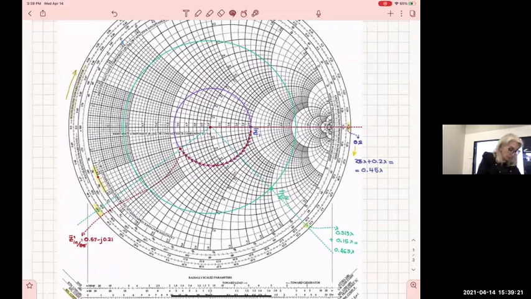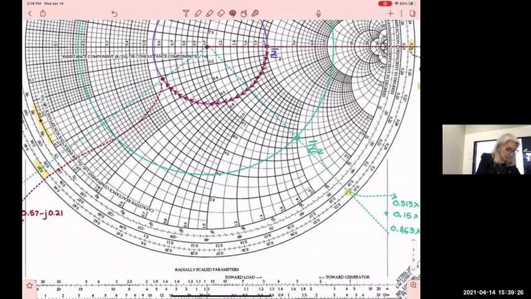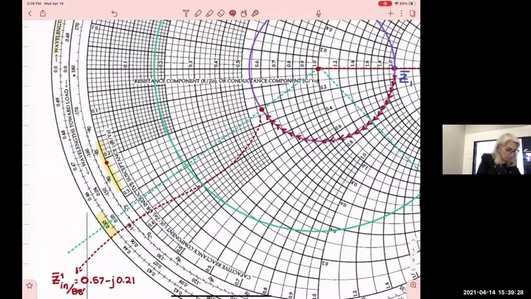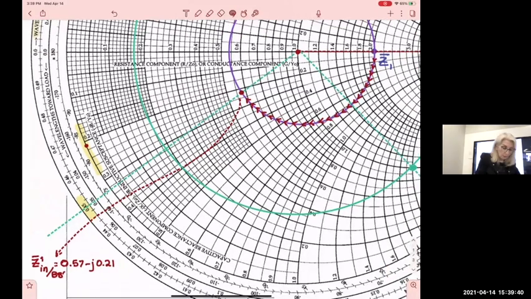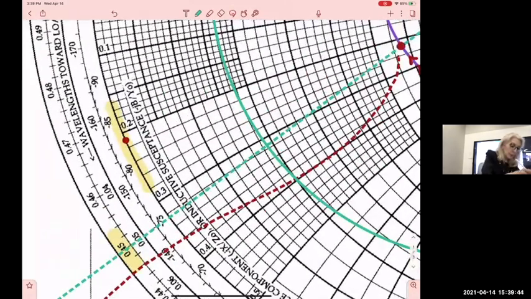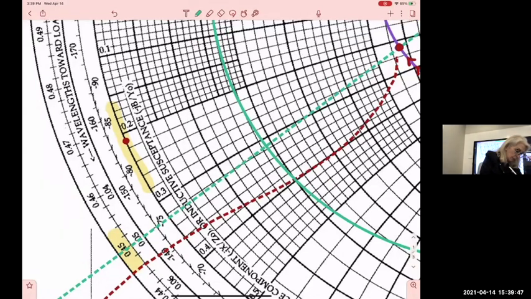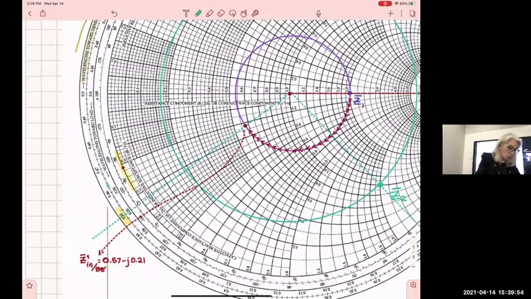And where is that point? I have to find it here. It's 0.463 lambda. This is 0.45, we were before. 0.46 is right here. And I have to find 0.463, which is here, that. So I have to stop there, but how am I going to know where to stop on the green circle?